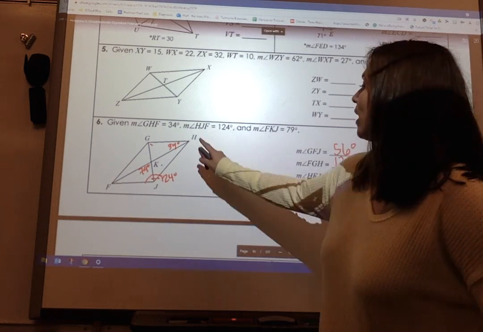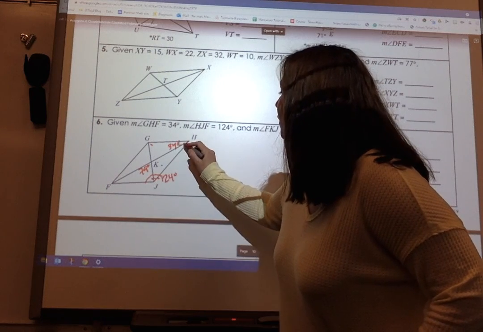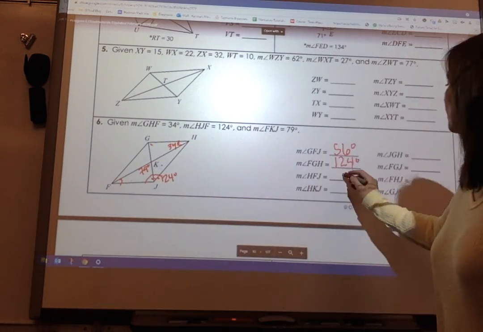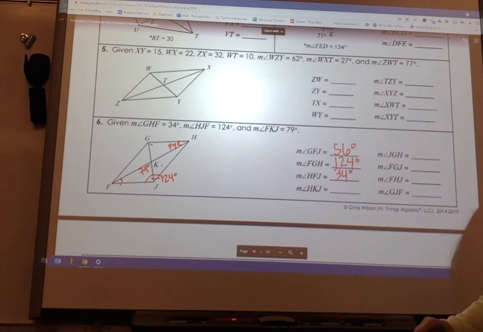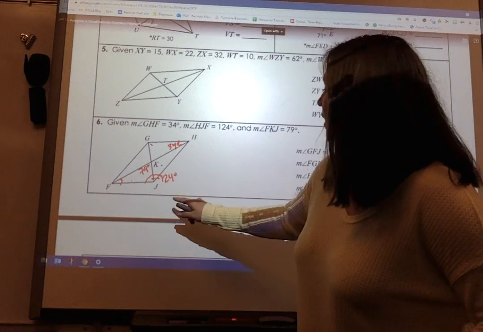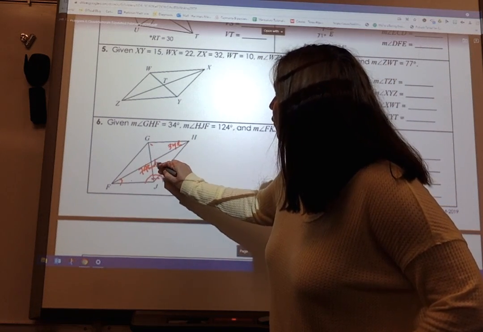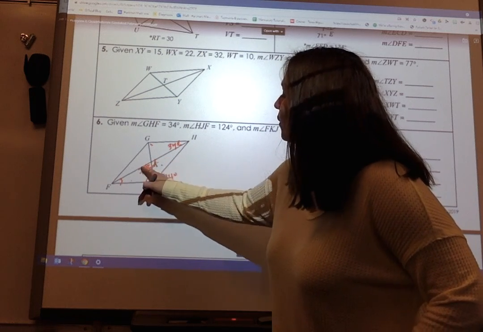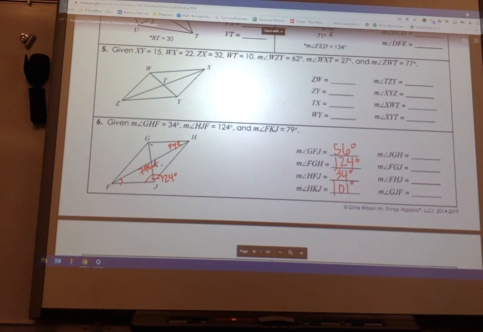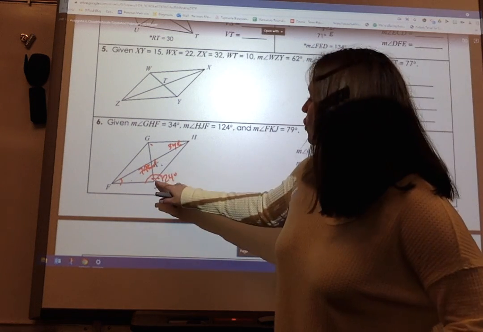If I'm looking for HFJ, I know that these guys are going to be alternating interior angles, so this one is going to be 34 degrees. If I'm looking for HKJ, I know that these guys form a linear pair, so they're 180 degrees, they're supplementary, so this guy is going to be 101 degrees.